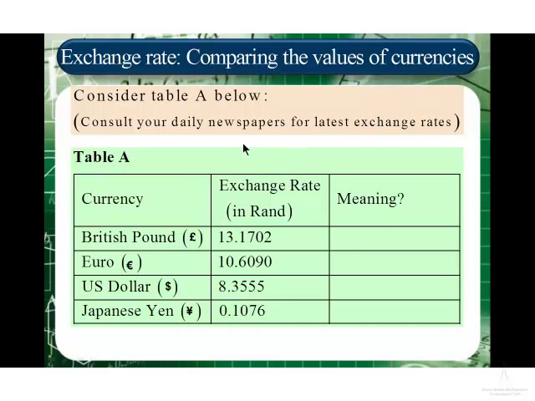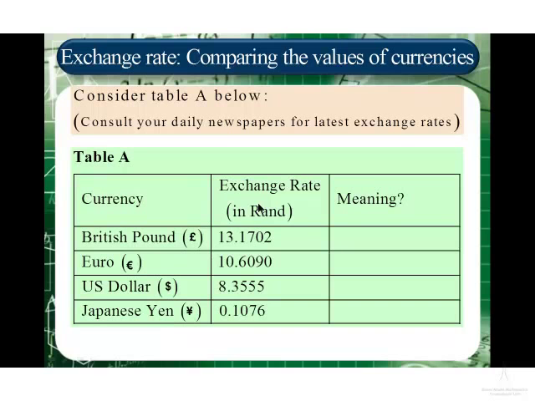If we want to compare, for example, the South African Rand with some other currencies, then normally we have to note how many Rands will buy 1 unit of the other currencies. So it's a ratio between the value of the Rand and the other currencies listed in this table: the British Pound, the Euro, the US dollar and the Japanese yen.